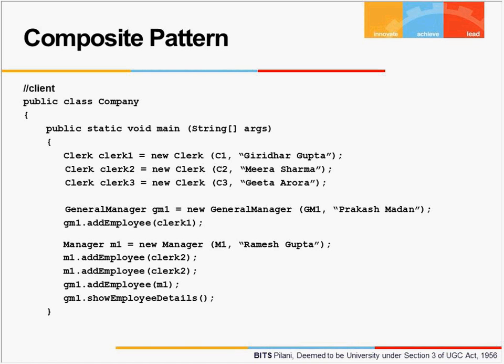Right? The object implementation I have not shown. I think you missed the part where I told that I am just creating a part of that tree. A very small portion of the tree is what we created here. The left-hand side, where a general manager had a manager and clerk inside him, and the manager further had 2 clerks, right?